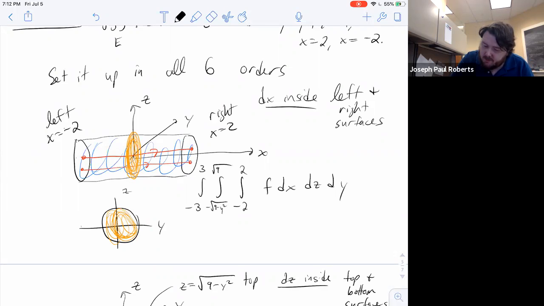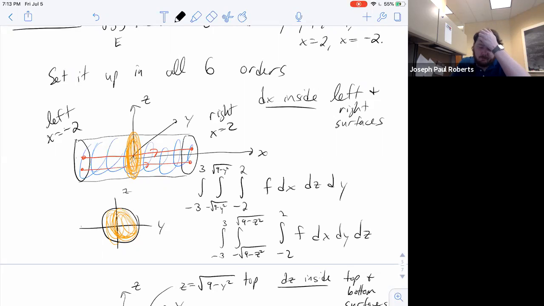It goes to plus square root of 9 minus y squared. And then finally, if I put dy on the middle, I'd have y starts at minus the square root of 9 minus z squared to plus the square root of 9 minus z squared. And then x again goes from minus 2 to 2, f dx dy dz.